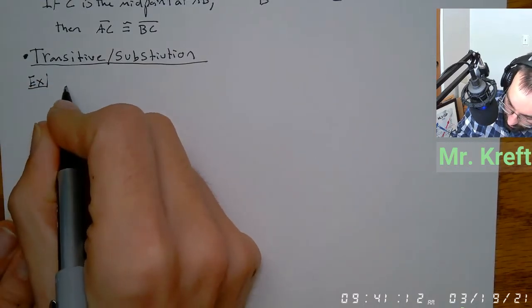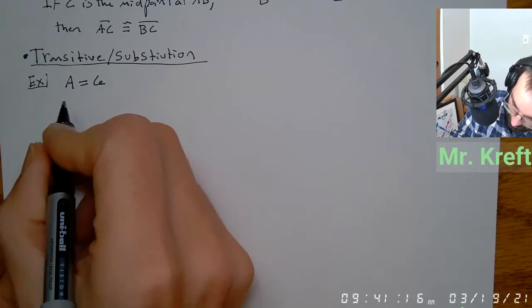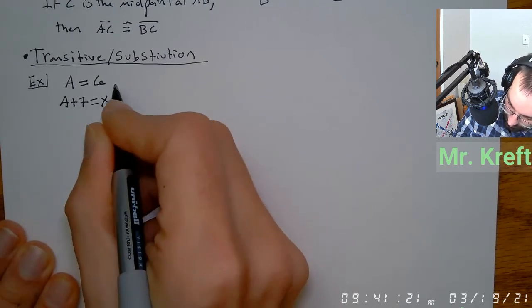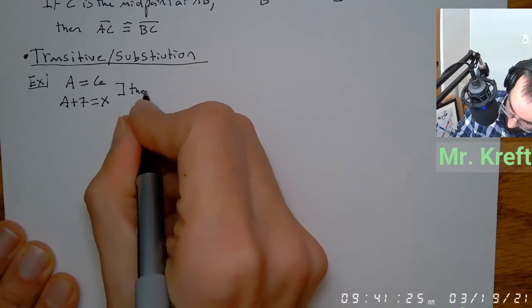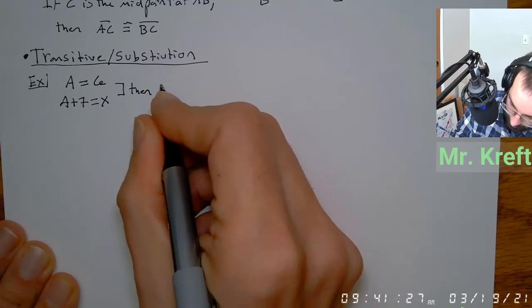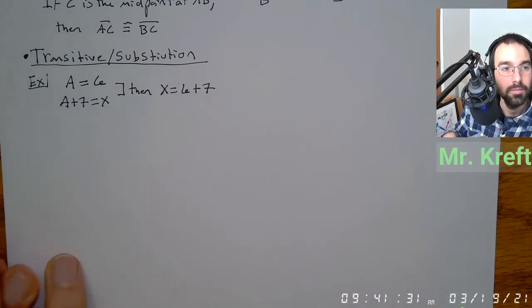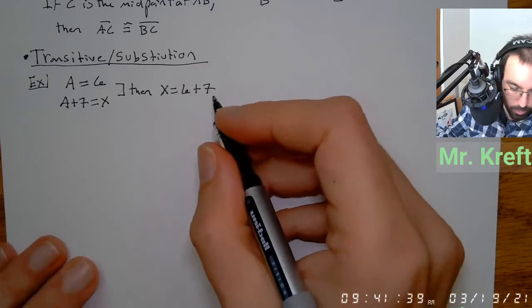If A equals 6 and A plus 7 equals X, then X equals 6 plus 7. That's an example of substitution if we wanted to be technical. But if you wrote transitive, most times you would be correct as well.